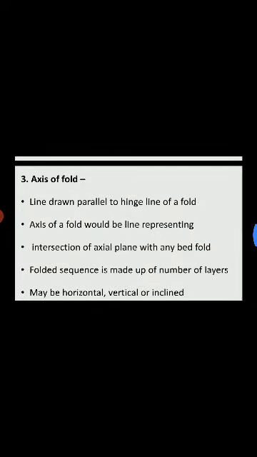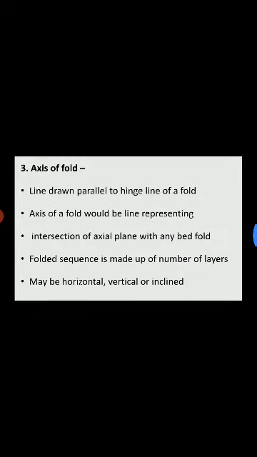Next is the axis of fold. It is a line drawn parallel to the hinge line of a fold. The axis of a fold is the line representing the intersection of the axial plane with any bed of the fold. A folded sequence is made up of a number of layers, which may be horizontal, vertical or inclined.